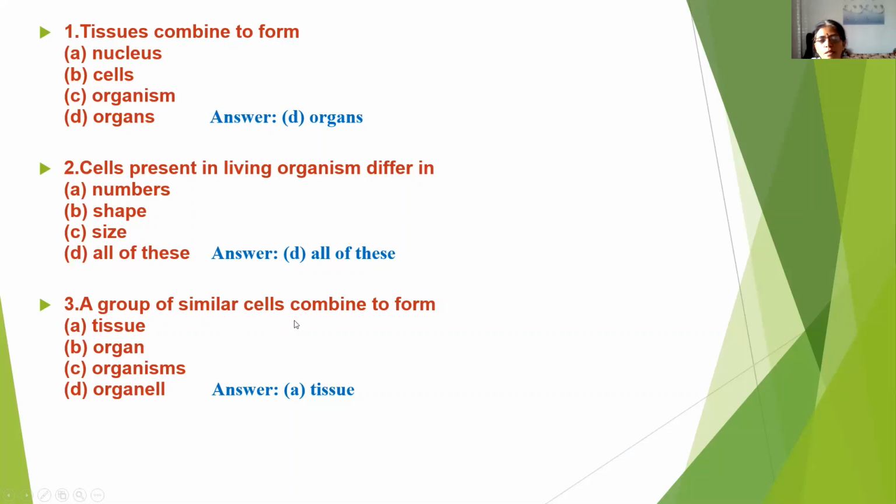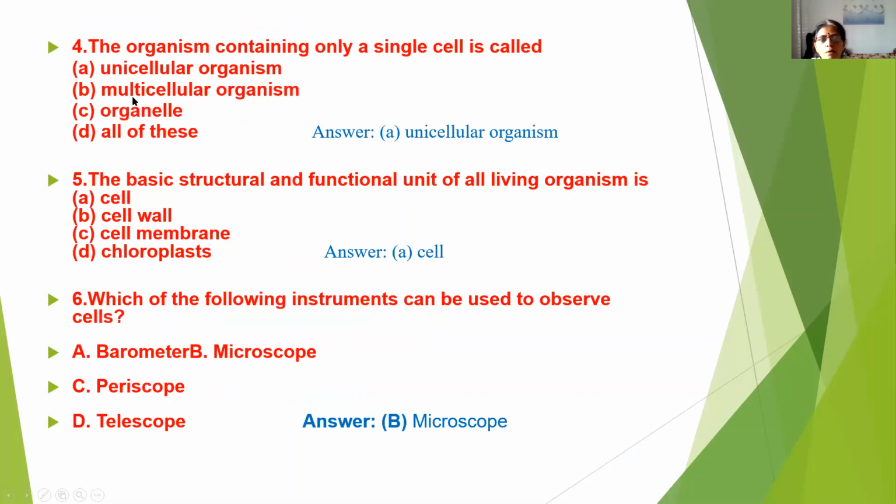A group of similar cells combined forms tissue. Cells group together to form tissues. Now, organisms containing only a single cell are called unicellular organisms. The basic structural and functional unit of all living organisms is the cell.